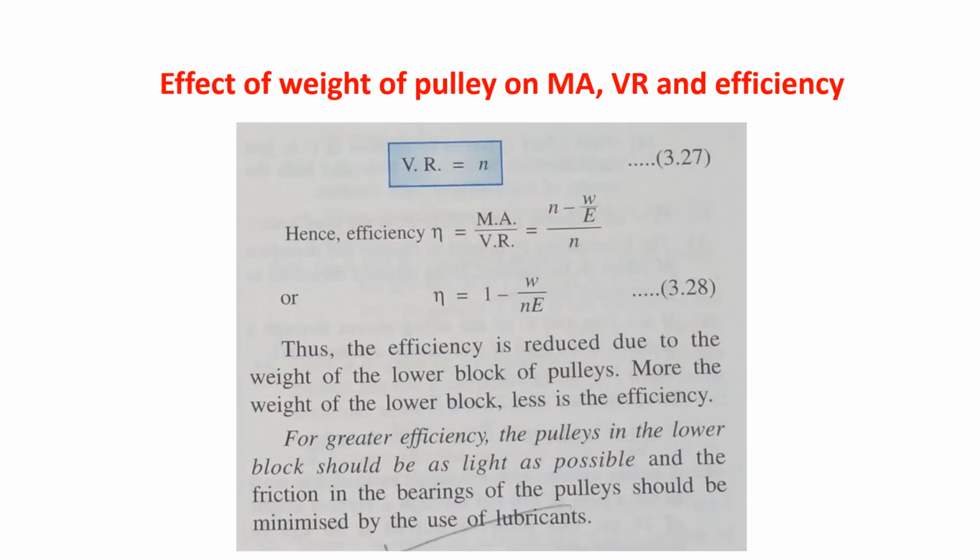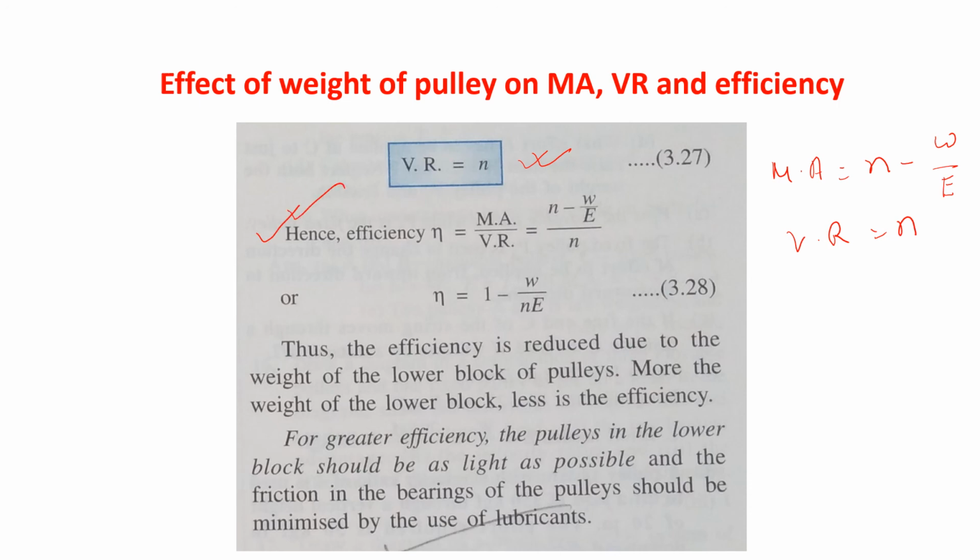So velocity ratio is equal to N. Now mechanical advantage is N minus W by E, and velocity ratio is equal to N. Therefore efficiency is equal to mechanical advantage by velocity ratio.